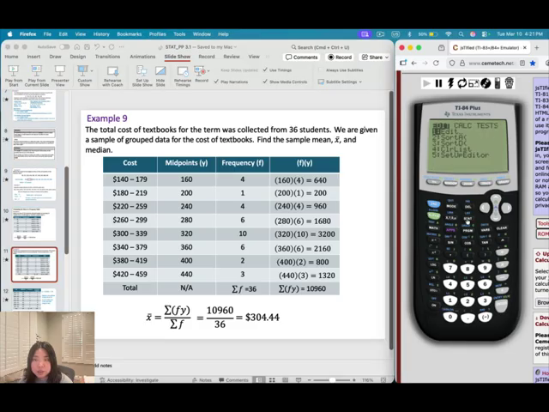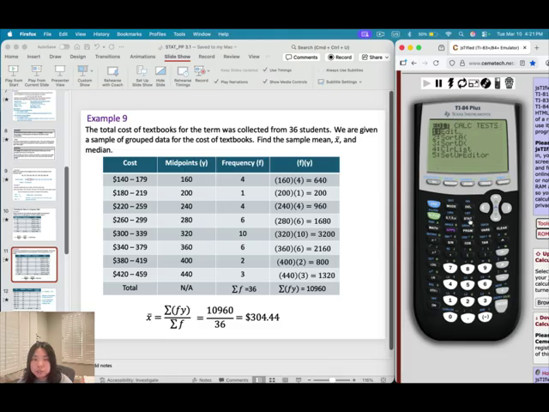For the second one, do the same thing. Go to STAT, click on number 1, Edit. This time, I'm going to put the midpoints on L1 and the frequency on L2.